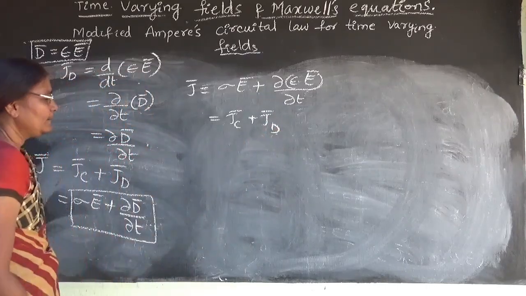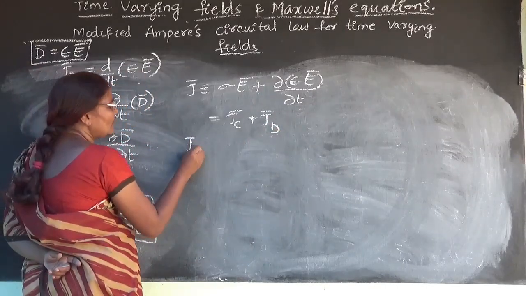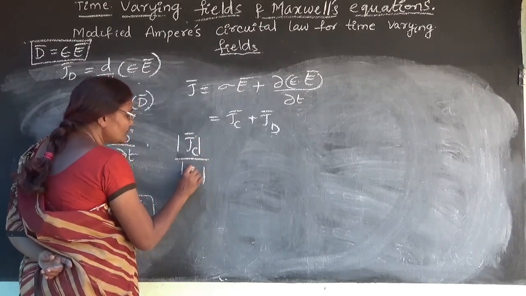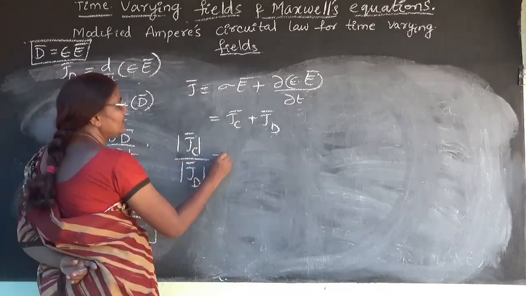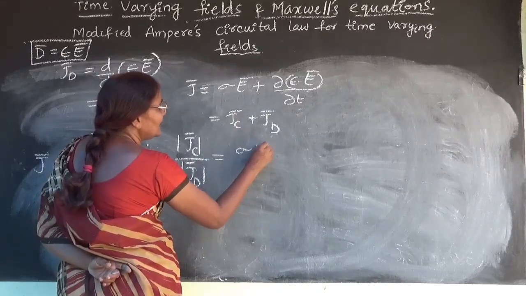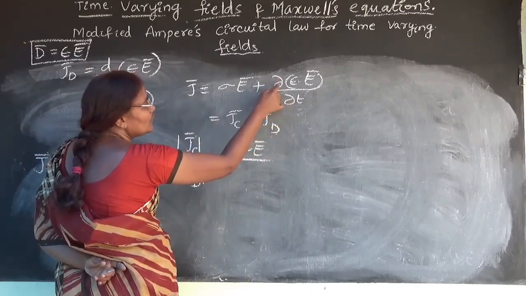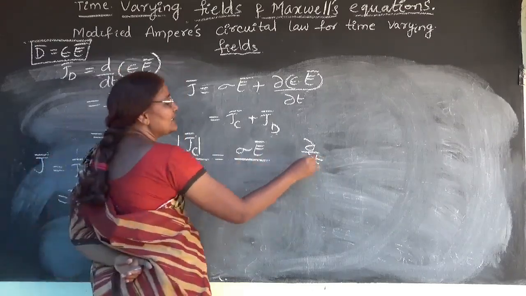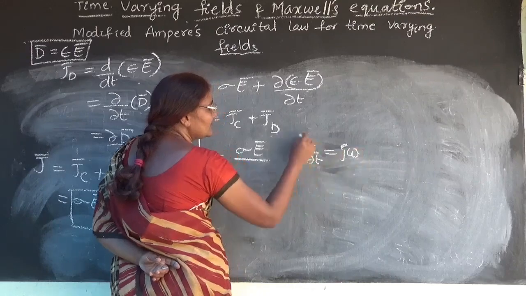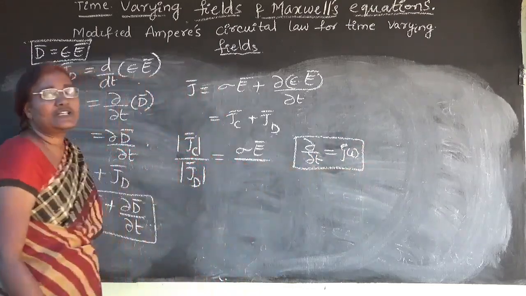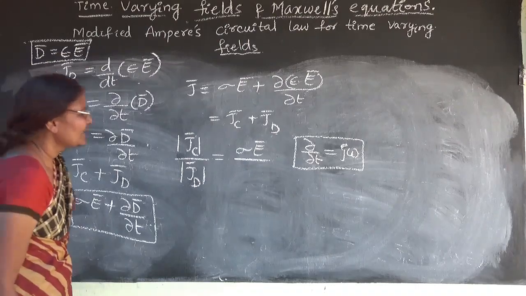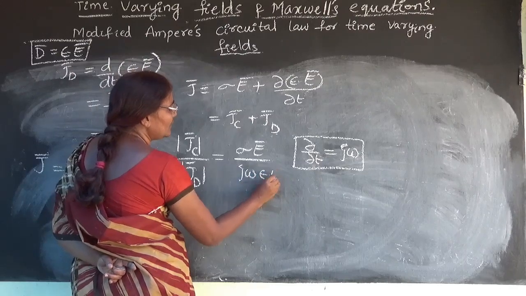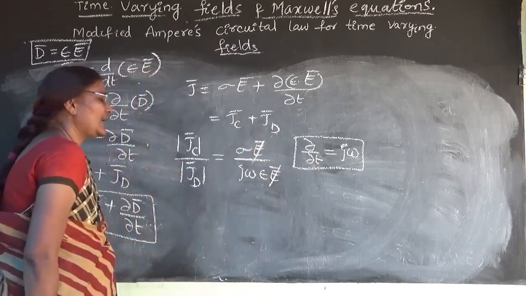If I take the ratio of the magnitudes of Jc bar and Jd bar, then what I will get is sigma E bar divided by dou by dou t, which depends upon time. That means it depends upon the frequency. You just remember this: dou by dou t is equal to j omega. If I write this, then it will be j omega epsilon E bar. This and this will be cancelled out.